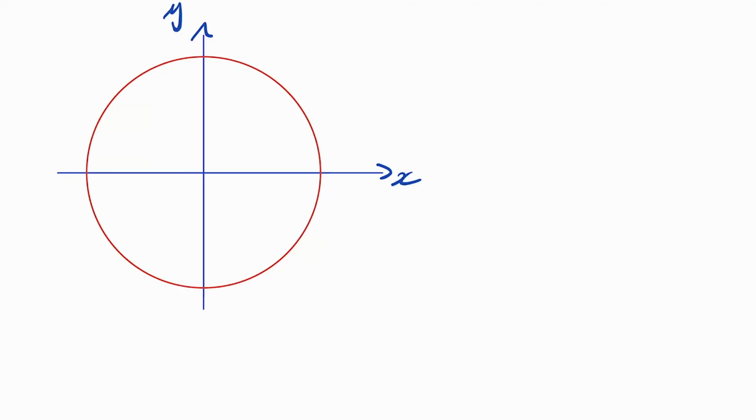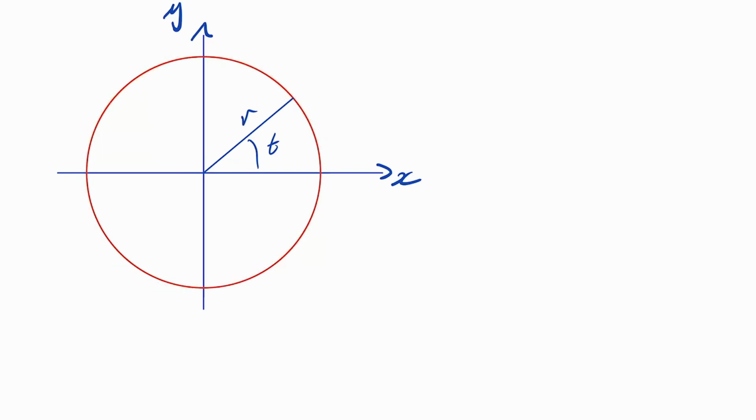Let me just draw a quick sketch of this curve. So this parametric curve traces out a circle of radius r. And the parameter t is just the angle to the x-axis. As I vary t, this point will trace out the whole circle.